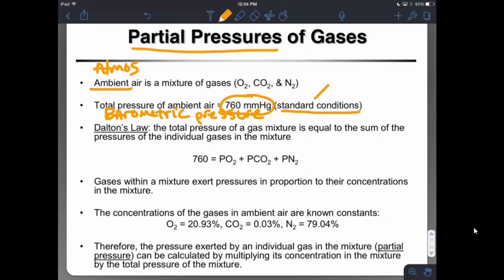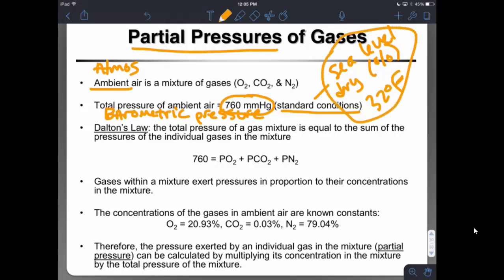Standard conditions means that you are at sea level, the air is dry, basically zero humidity, and the temperature is 32 degrees Fahrenheit. Under those conditions, the barometric pressure is 760. Most of the time, these conditions don't exist, but this is just a theoretical number.